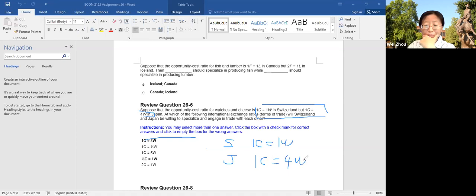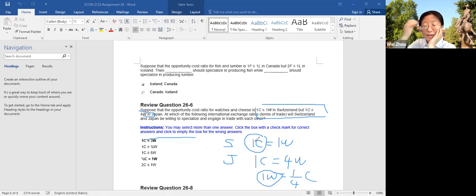So apparently we know Switzerland has a lower opportunity cost on making cheese. So Switzerland should focus on cheese. In Japan, if you flip this, that means one watch only costs half a cheese. So Japan needs to focus on watch.